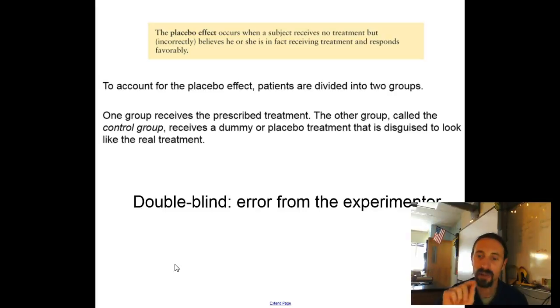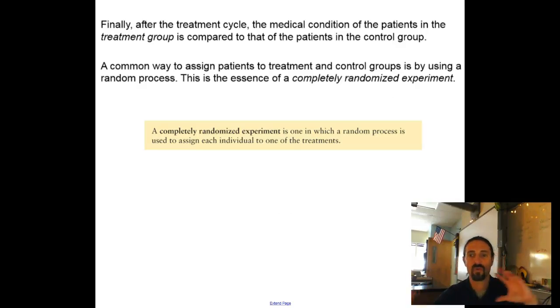A double blind means the experimenter doesn't know who's getting the treatment and who's getting the placebo, and that's a way to truly randomize the experiment. So here's my group of people. Some of them are going to get treatment, some of them are going to get a placebo, and the experimenter doesn't know who's getting which until after the fact, and then they can do the inferential statistics from that.